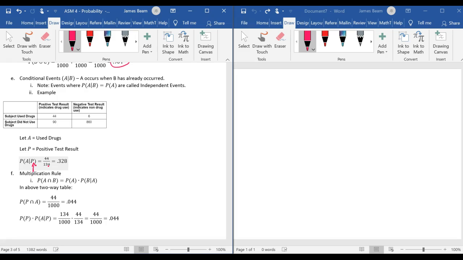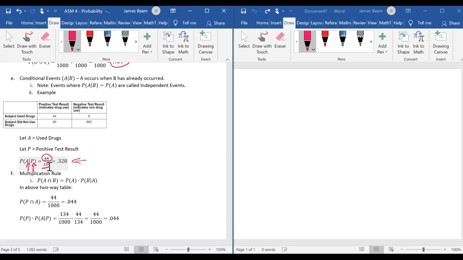So given the positive test, what's the probability that I am a drug user? Out of the 134 people who got the positive test, the number that are actually drug users is 44, which means 32.8% of the time somebody here tests positive for drugs, they are an actual drug user.